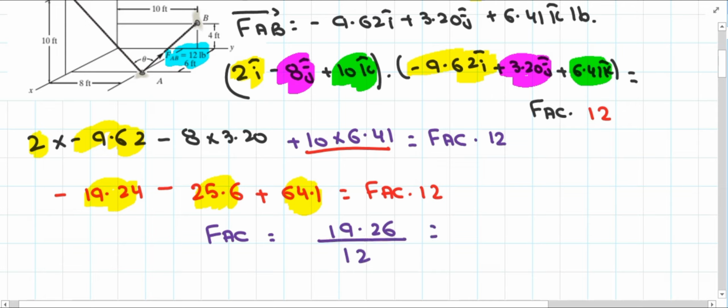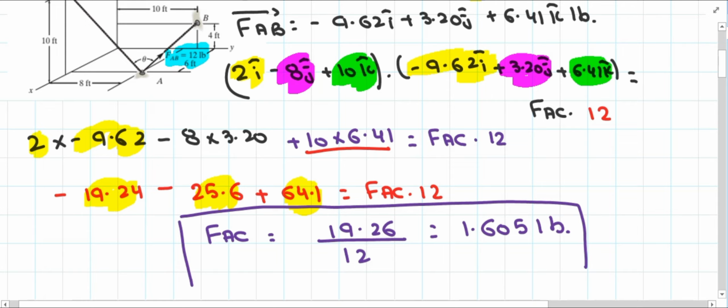If you divide 19.26 by 12, it gives us a result of 1.605 pound. Now the projected component of force F along the cable AC is equal to 1.605 pound.